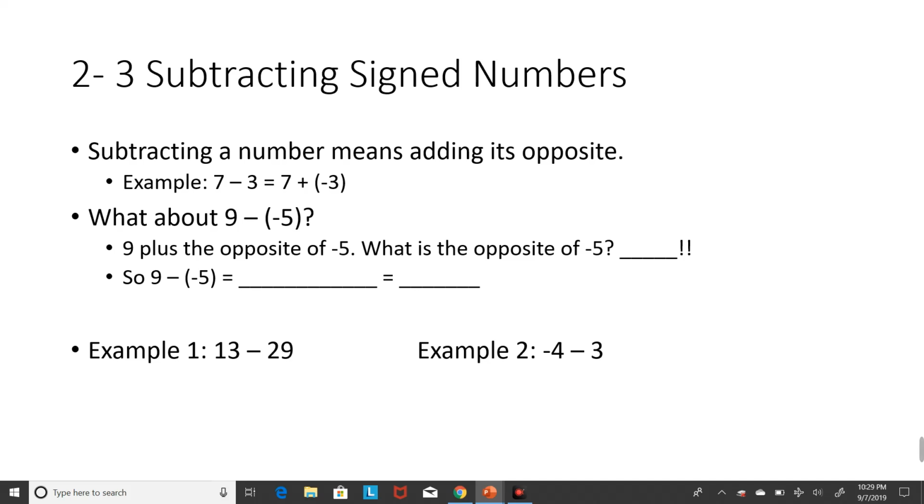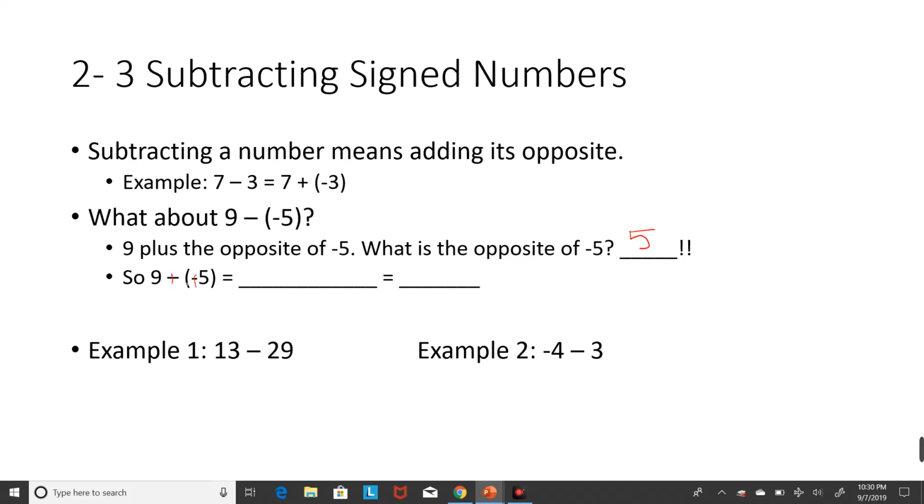What if we're doing 9 minus a negative 5? So that's the same as doing 9 plus the opposite of negative 5. What is the opposite of negative 5? Can you pause and figure it out? The opposite of negative 5 is positive 5. So 9 plus the opposite of negative 5 is just 9 plus 5.